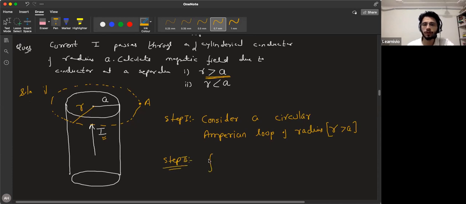Use Ampere's Circuital Law: closed integral of B dot dl is mu naught I enclosed. That is the second step.